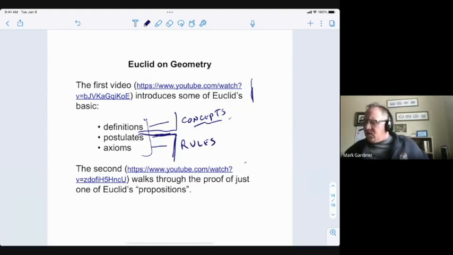The second little video is going to be a description, an explanation of just one of those new bits of knowledge that we can get out of the basic definitions, postulates, and axioms. So it's going to work us through a proof of just one of his famous propositions, namely that there are equilateral triangles and that they can be constructed in a particular way.